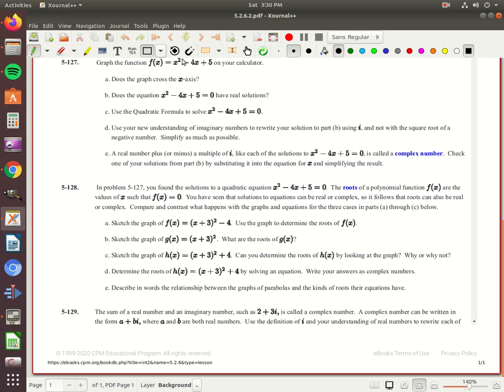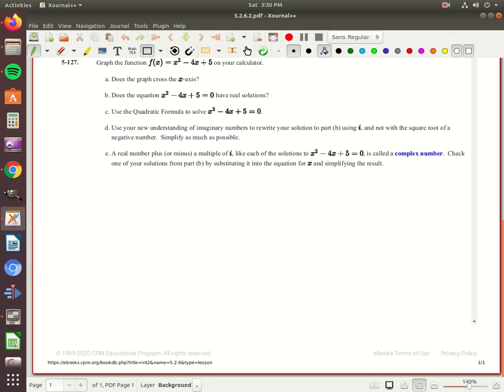So essentially what this is saying is, let's use some good old-fashioned quadratic formula, right? So that's going to be negative b plus or minus the square root of b squared minus 4ac, all of it over 2a.